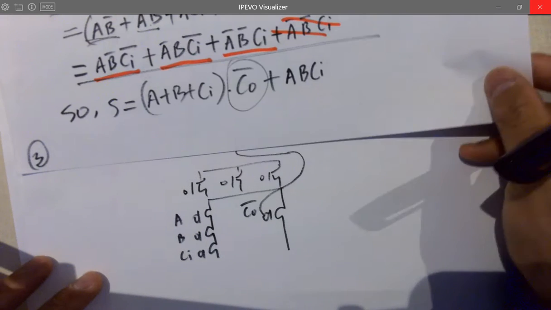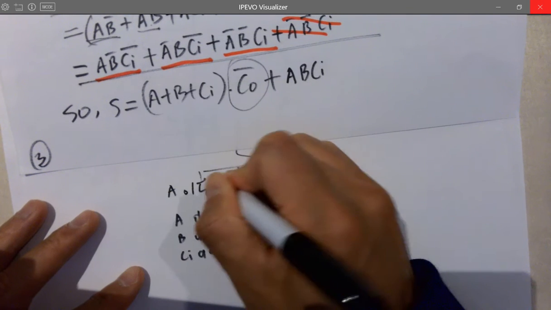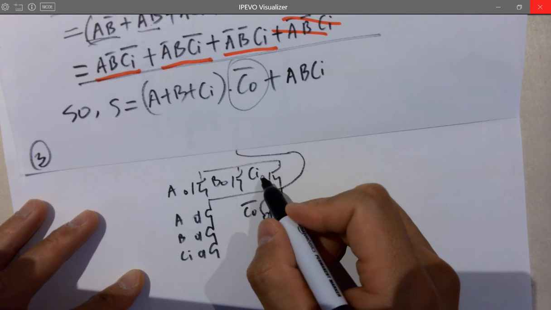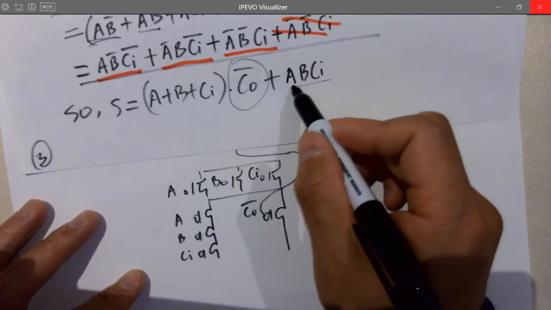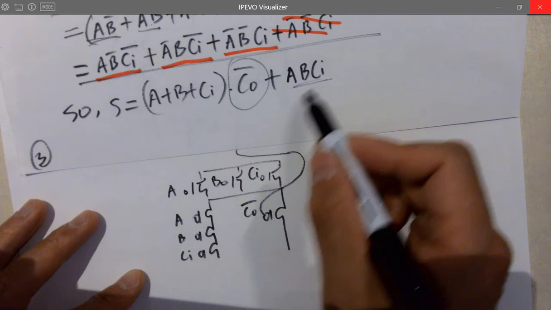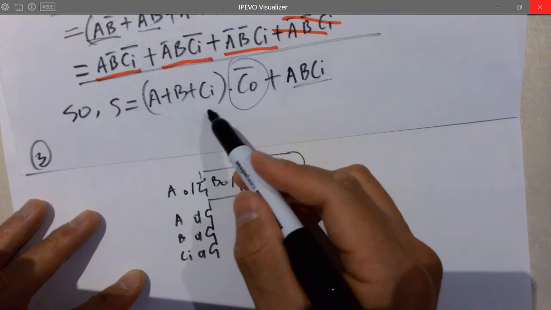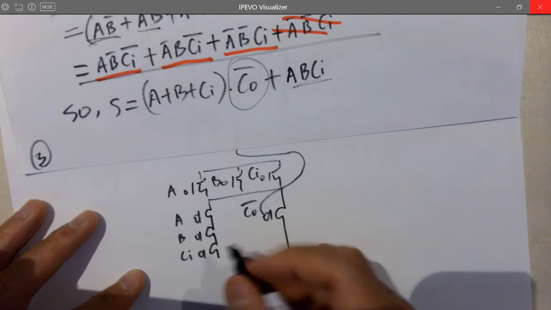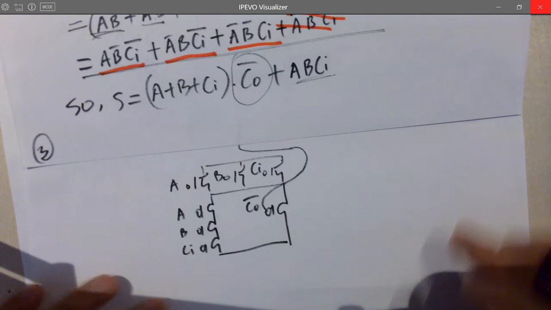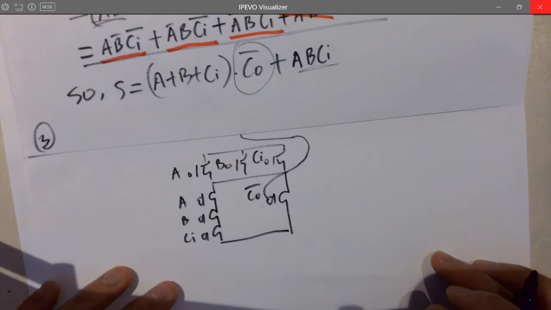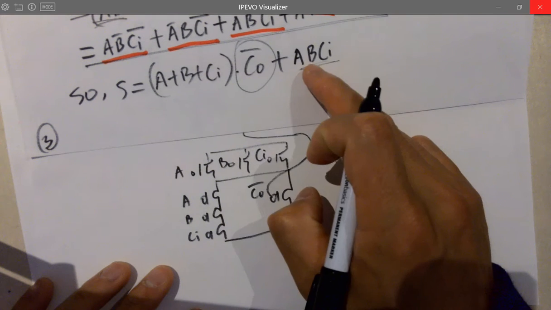And now let's do the NMOS. So that's ABCI, ABC. So that's this one, right? So this is this one. And that's this one. And this one is here. First, these are in series.